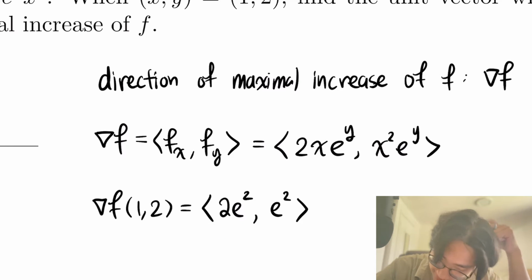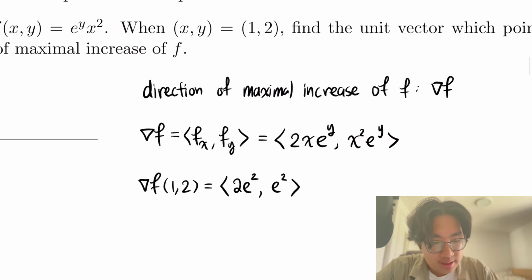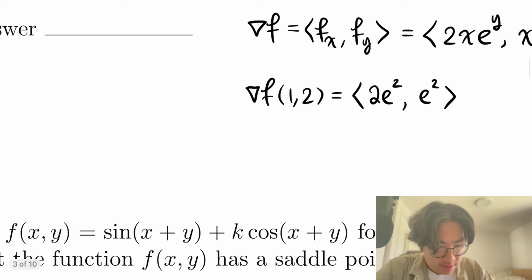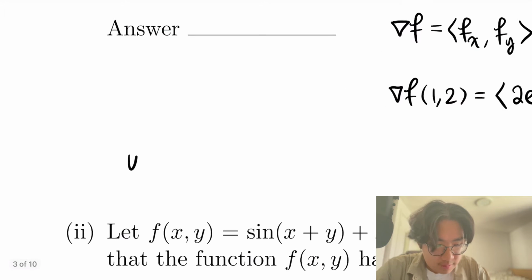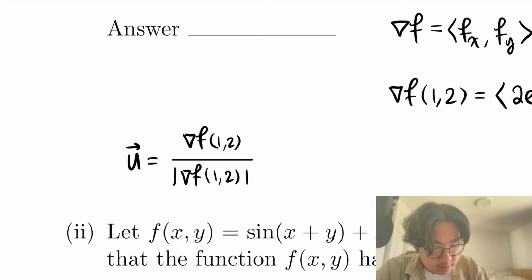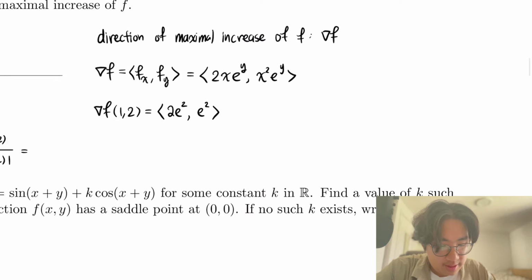So from there, we then need to convert this into a unit vector, because we are asked for the unit vector. So I will write out the formula. It's the vector itself at 1 comma 2, divided by the magnitude of that same vector. The magnitude we can compute on the side.